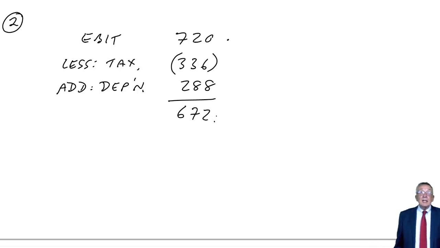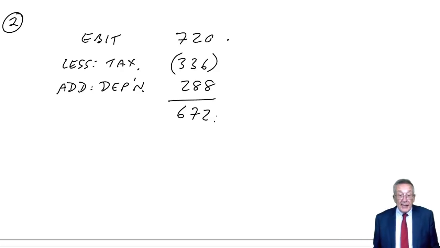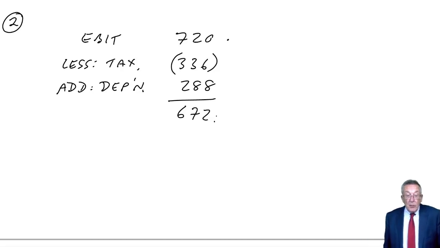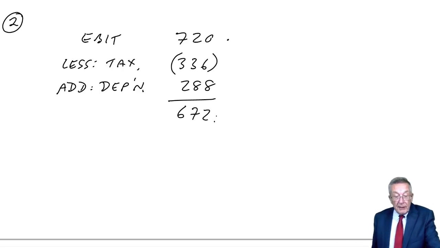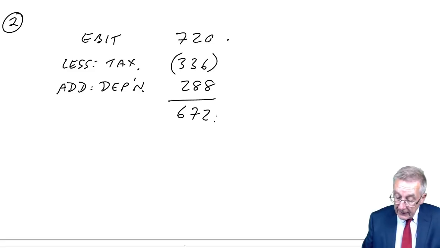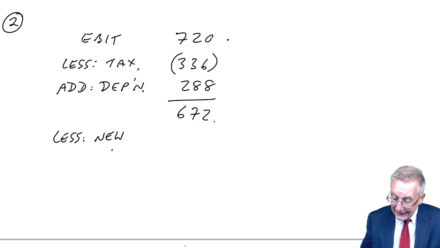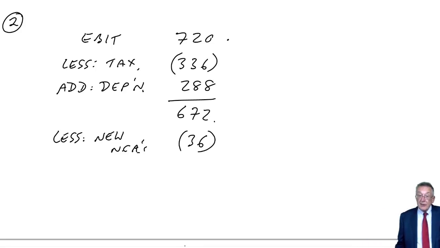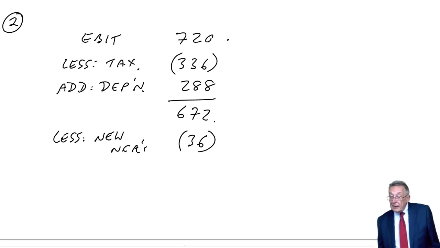Why isn't all that cash available for providers of finance? Various reasons. One is, look at the figures I've given you. There's a cost of new non-current assets. So we're paying out 36 for new non-current assets. Fine, there's less available. What else?